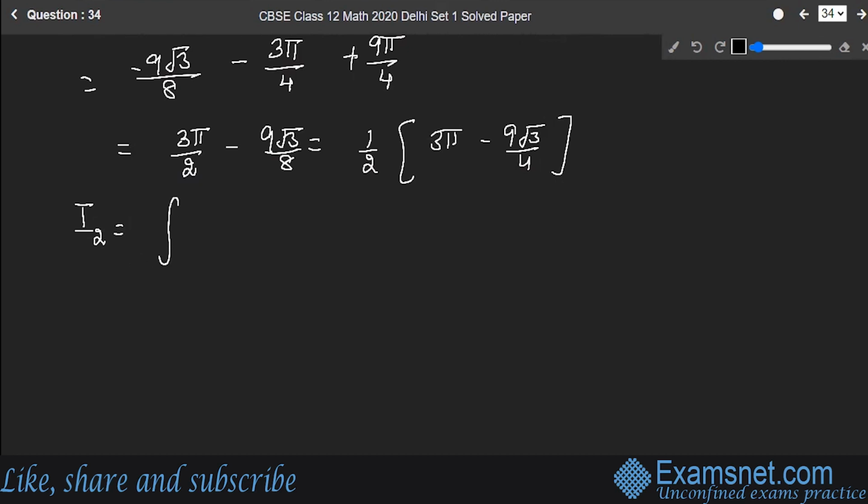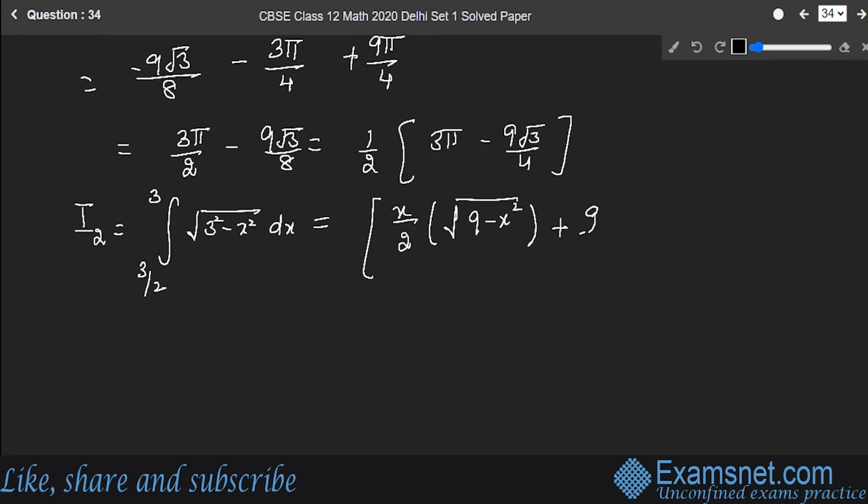I2 is the limit 3 by 2 to 3, root of 3 square minus x square dx. This will be equal to, now I'll be applying the same formula, a square minus x square under the root. This is x by 2 root of 9 minus x square plus 9 upon 2 sine inverse x upon 3, 3 upon 2 to 3.